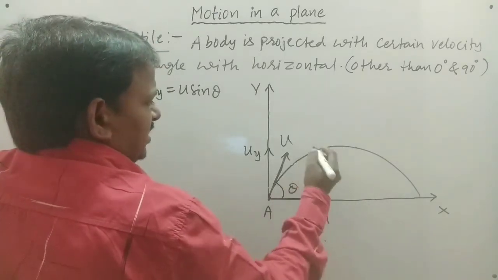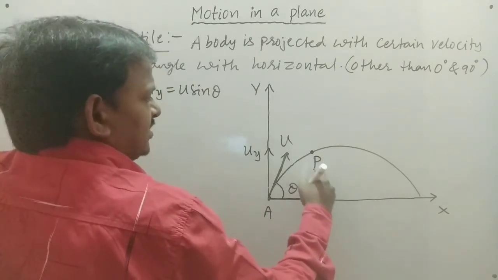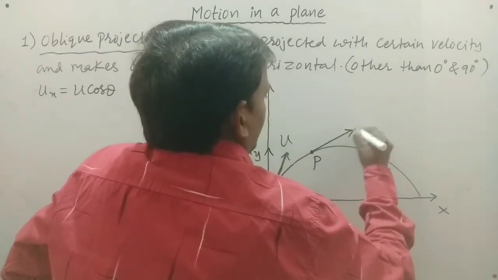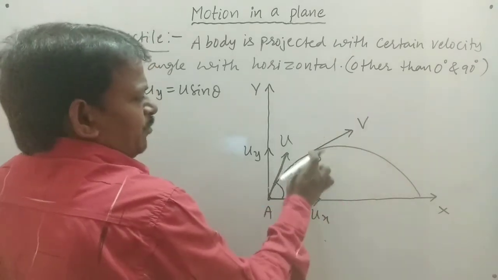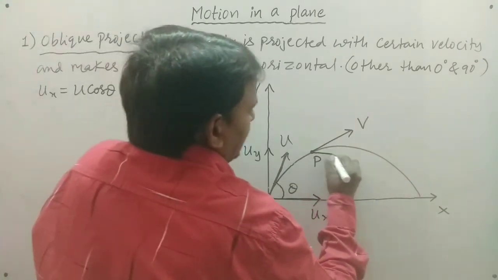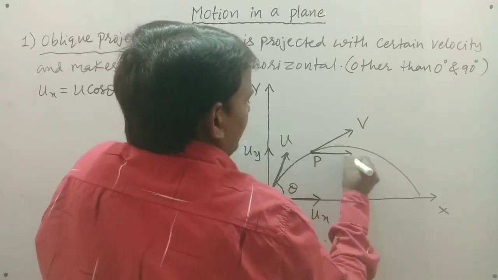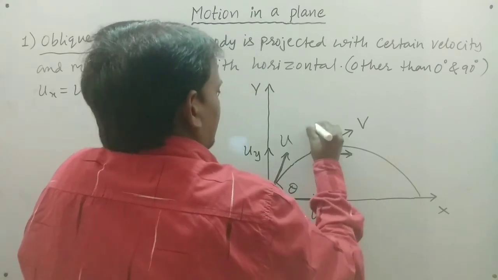Now let us take a point P during its journey. Here the velocity has two components. v is the velocity at this point P. Then it can be resolved into vx and vy. vx is along the x direction, vy is along the y direction.